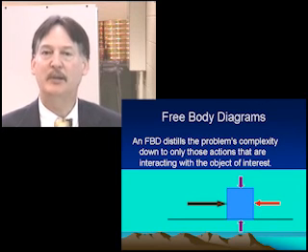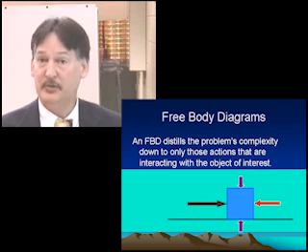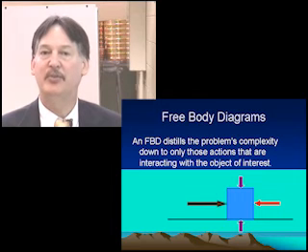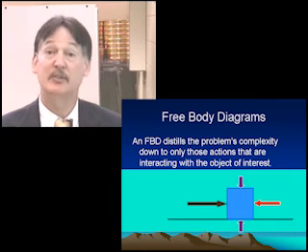Take away any of the complexity of that object and say, if this were my car, represented by this box, what forces are acting on it? And draw those forces in the direction they're going as if they're passing through the center of mass of the object, and through the center of the object, if you will.